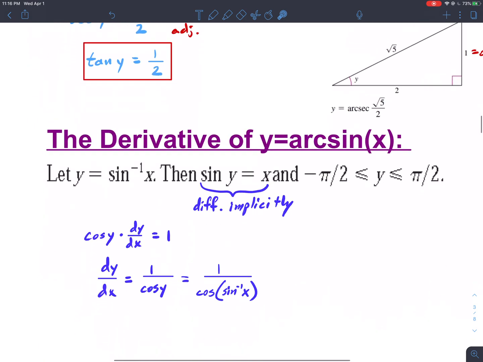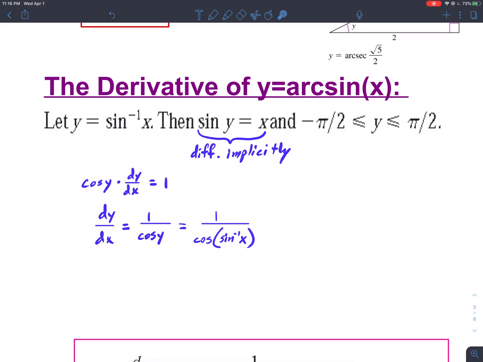So if I go down right here, I already know, without even considering this fraction here, from the previous problem that cosine of y is square root 1 minus x squared. So the derivative of inverse sine, if I want it just in terms of x, is 1 over square root 1 minus x squared.